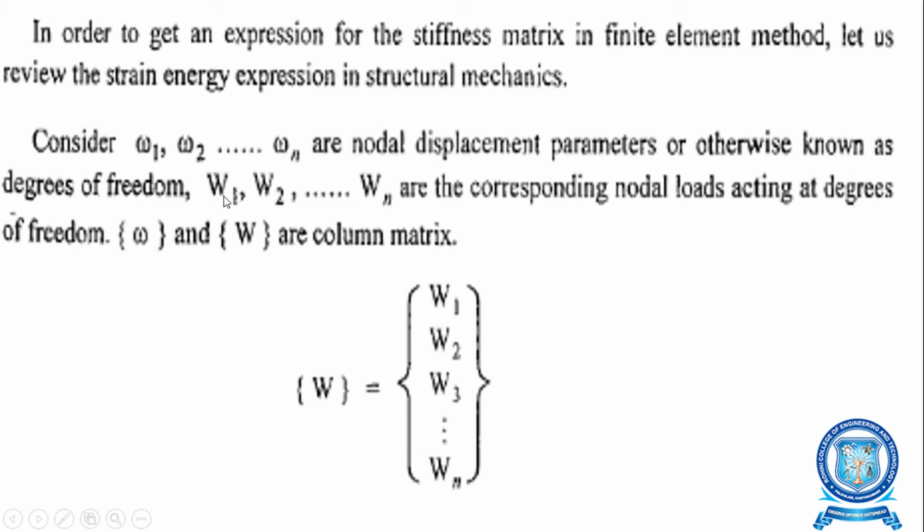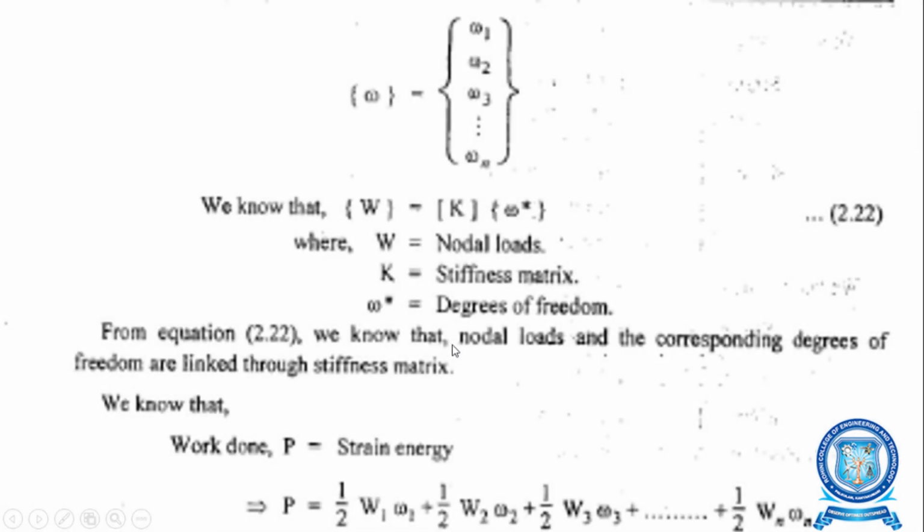W1, W2, W3 up to Wn are the corresponding nodal loads acting at the degrees of freedom. Omega and W are column matrices.